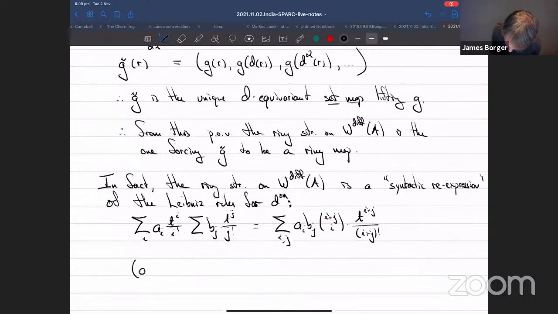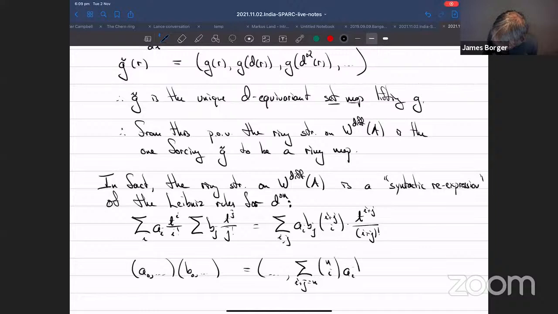When you multiply these two power series together, but writing them as vectors, the nth component of the product is simply the sum over i+j=n of (n choose i) times a_i b_j.